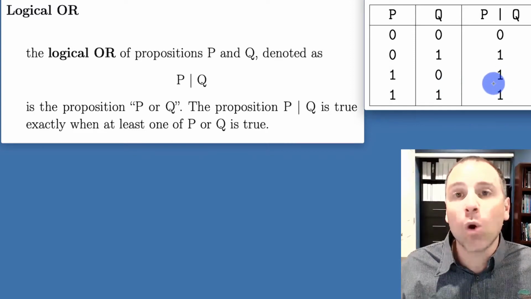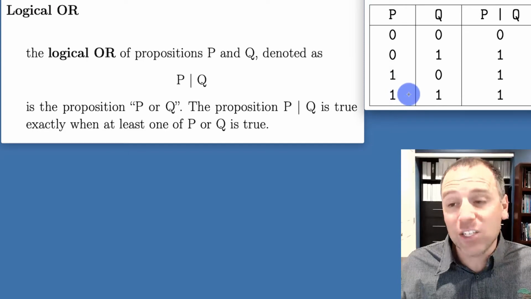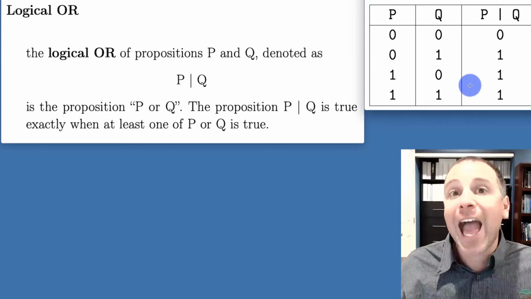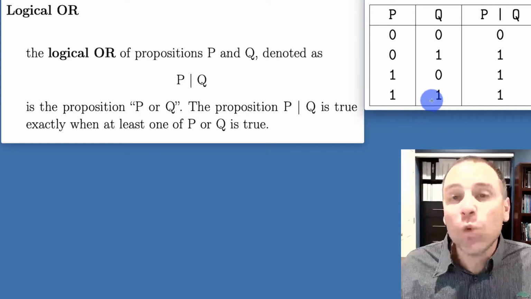So P or Q evaluates as true. And when we see that P is true and Q is true, one of those propositions is true, at least one. In fact, both are true. And yet we still say that P or Q is true because the definition of P or Q being true is exactly when at least one is true, although both might be true.